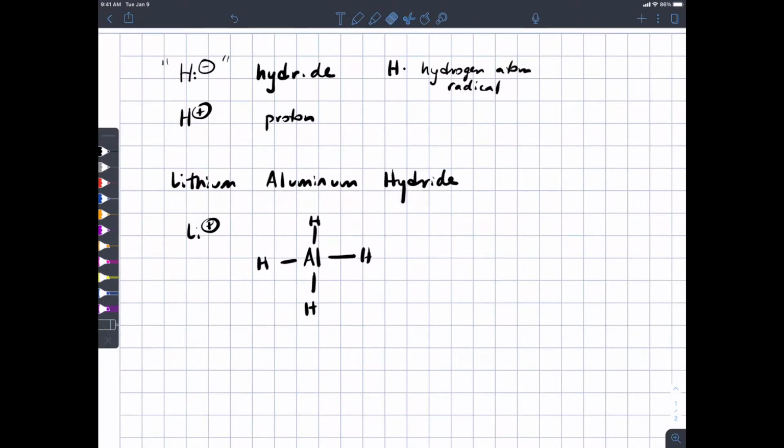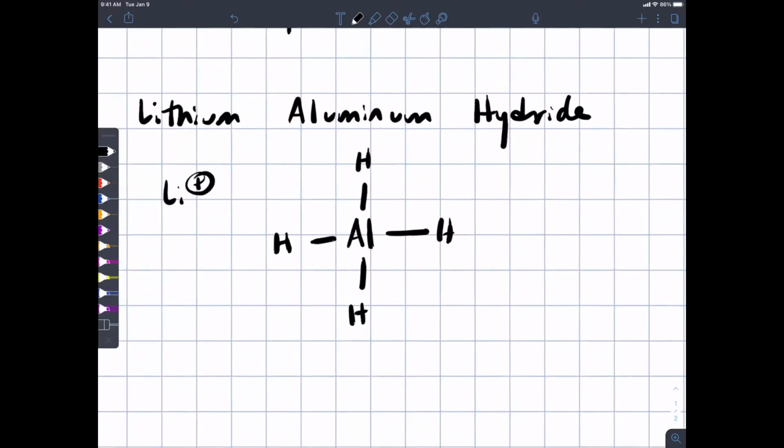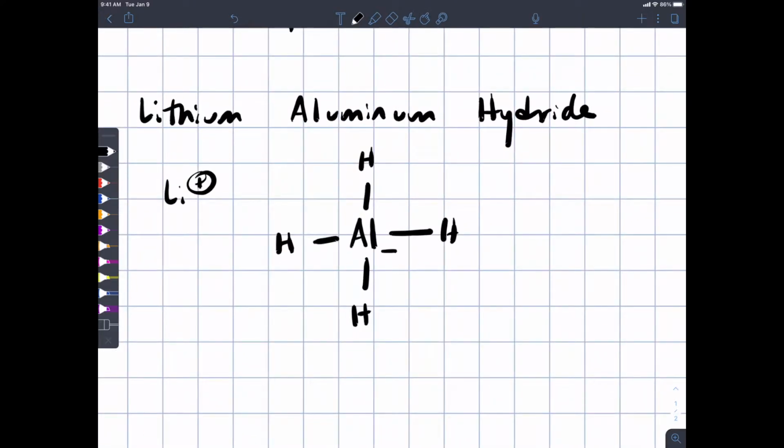We won't need to worry about that. Now, why is this a hydride delivery reagent? Well, first, notice that aluminum is in the same column of the periodic table as boron, which means if it's bonded to 4 things, it's got to have a negative formal charge. So right away, the AlH4 molecule is an anion, has extra electron density.